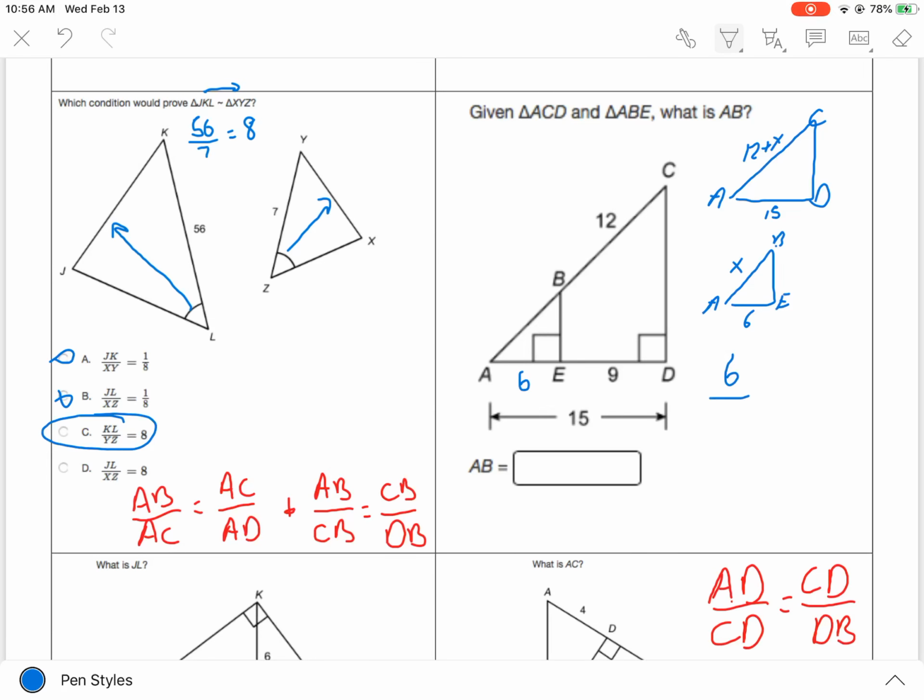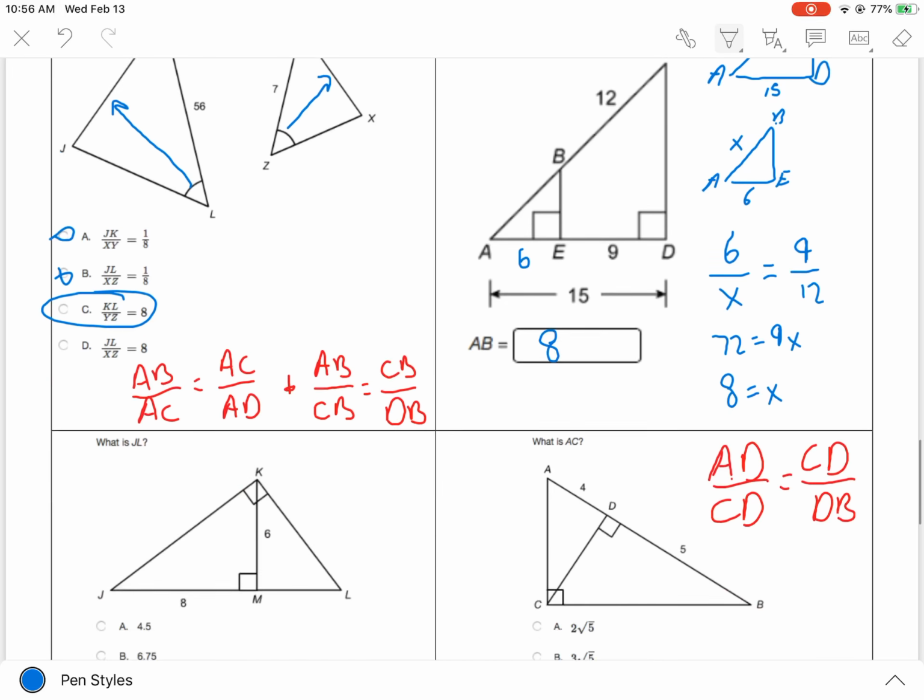That 6 over x is equal to 9 over 12. Yeah, that'd be easier. 6 times 12, 72, equals 9x. And 8 is equal to x, which would be AB.